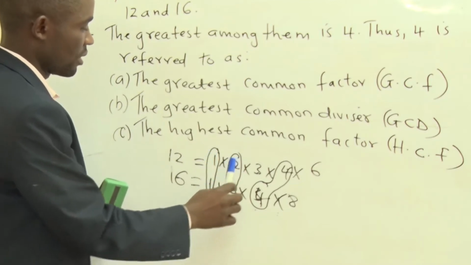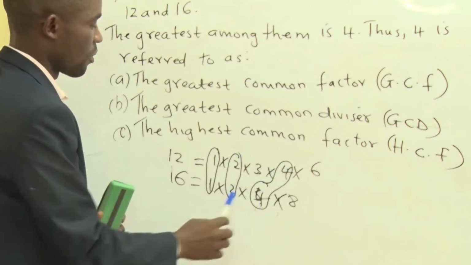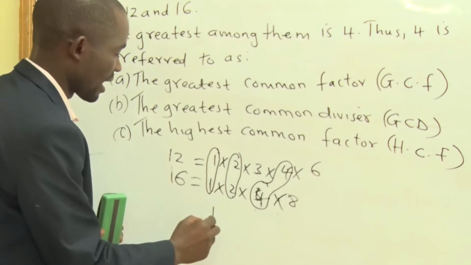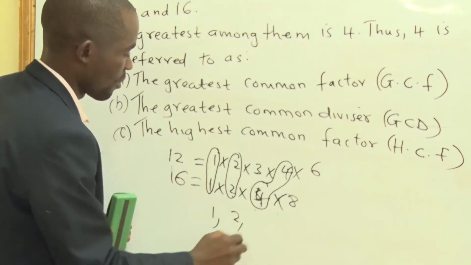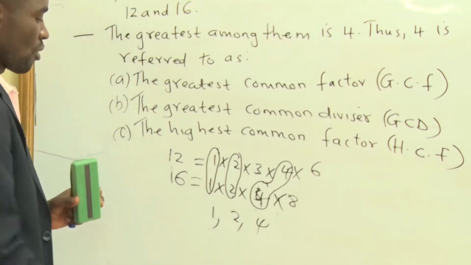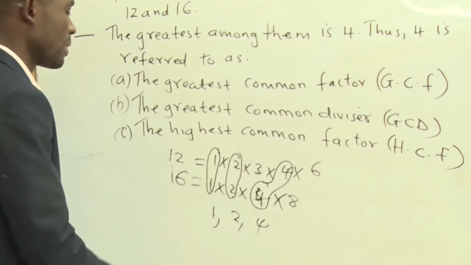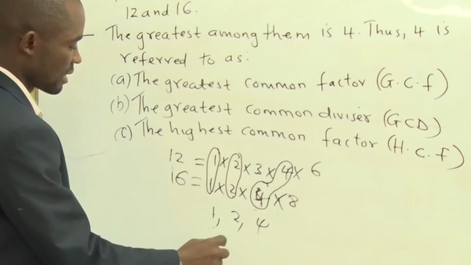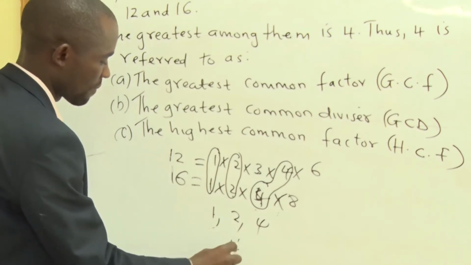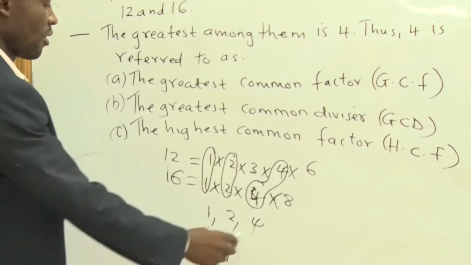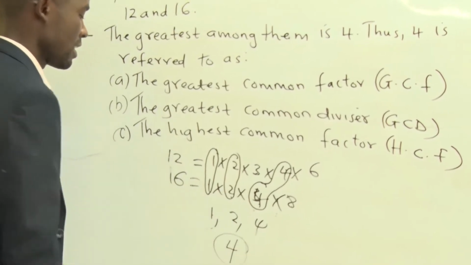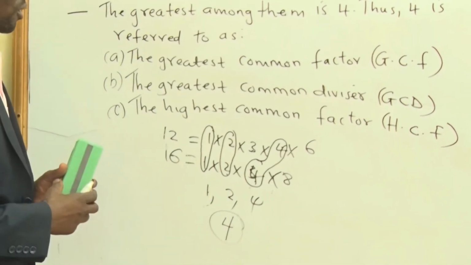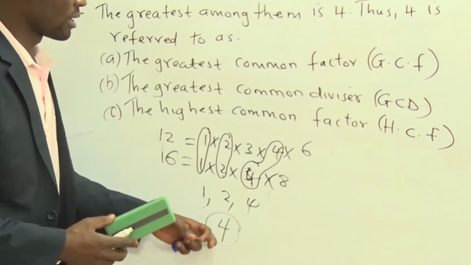Remember, 1 is common, 2 is common, 4 is common. After you have identified these three, you pick the greatest among the factors that you have written. That tells you that 4 is the greatest among these common factors. So that is how we look for the greatest common divisor.